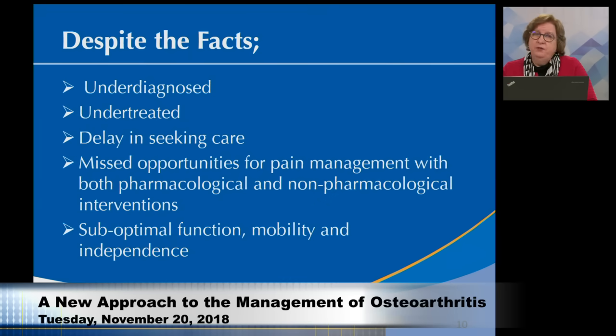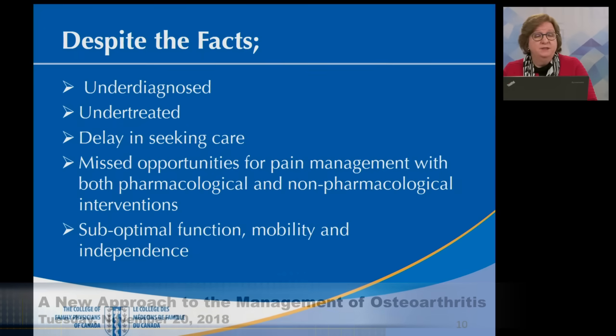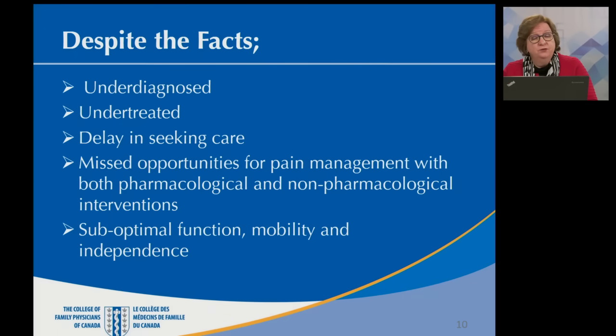Despite what we know about osteoarthritis and how common it is, it is underdiagnosed, it is undertreated, and there is a delay in seeking care. What does that mean? There are missed opportunities. The average time from symptom presentation to diagnosis is currently 5 to 7 years.